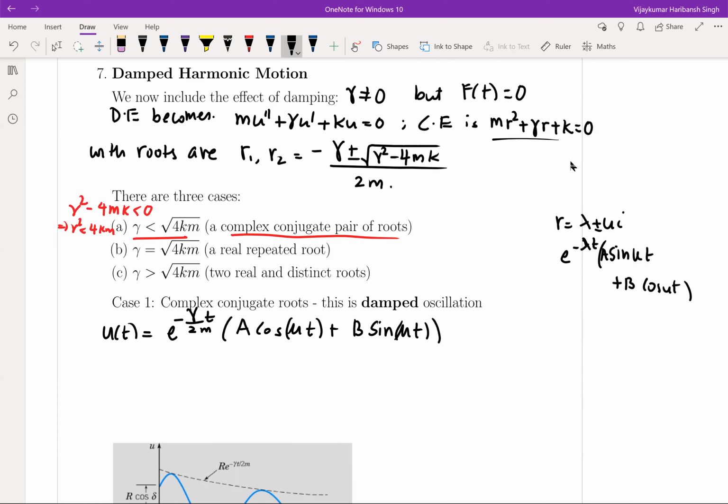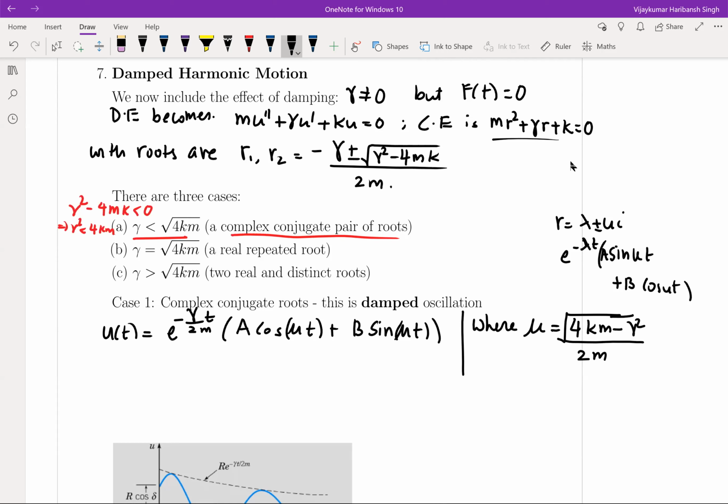Instead of writing this whole thing again and again, I'm going to write, in short, mu equals square root of 4km minus gamma square, upon 2m, just to write that in the short format.